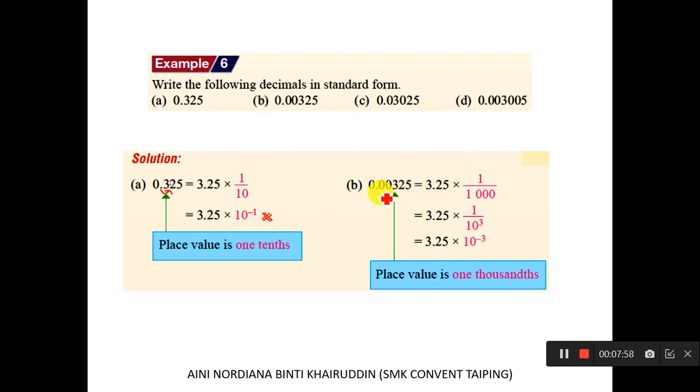Okay, for B, you move 1, 2, 3. So the answer will be 3.25 times 10 to the power of negative. Don't forget, you move 3 times, so 3. Negative because the number is less than 1.